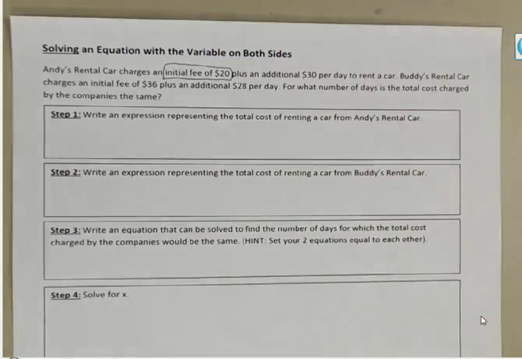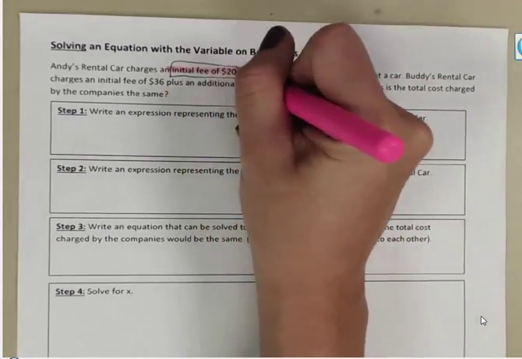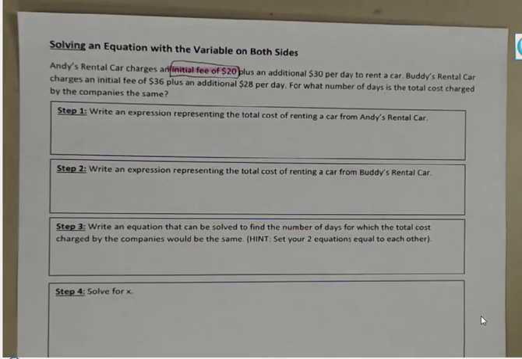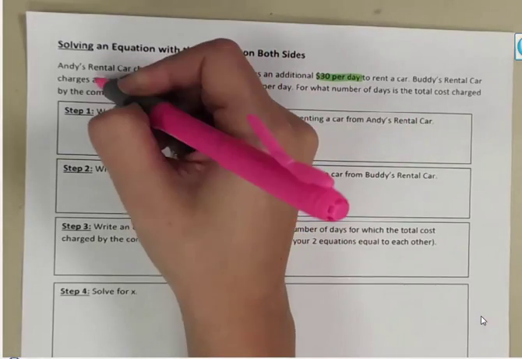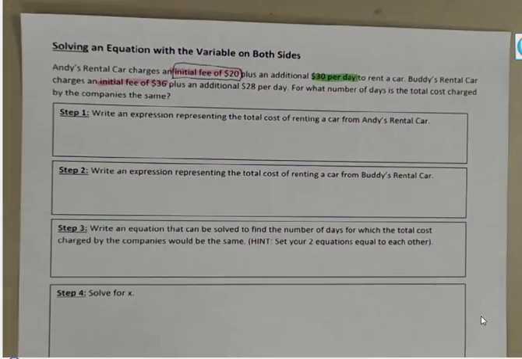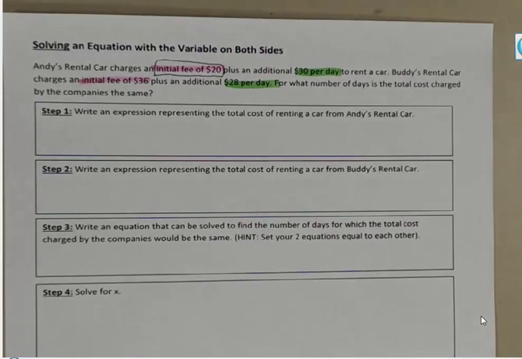Initial fee of $20, plus an additional $30 per day. Okay, Buddy's rental car charges an initial fee of $36 and plus an additional $28 per day. For what number of days is the total cost charged by the companies the same?